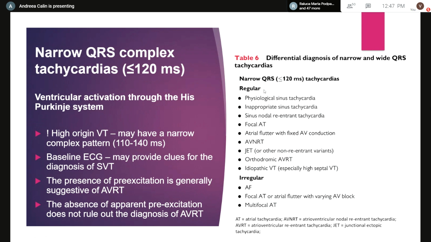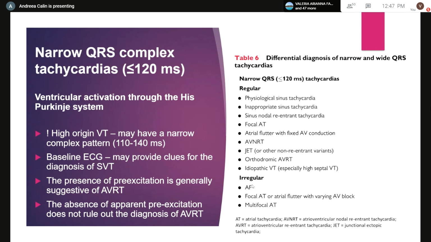So if the tachycardia is regular, it can be sinus tachycardia, physiological or inappropriate. It can be focal atrial tachycardia or sinus nodal reentrant tachycardia. It can be an atrial flutter with fixed atrioventricular conduction, but it can also be an orthodromic atrioventricular reentrant tachycardia, an atrioventricular nodal reentrant tachycardia, or an idiopathic ventricular tachycardia, especially with the origin high in the septum.